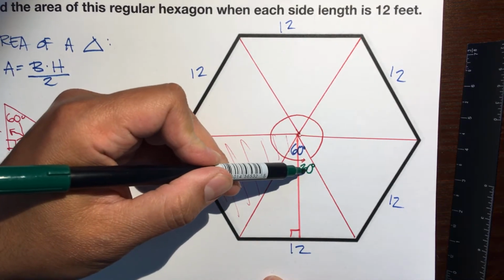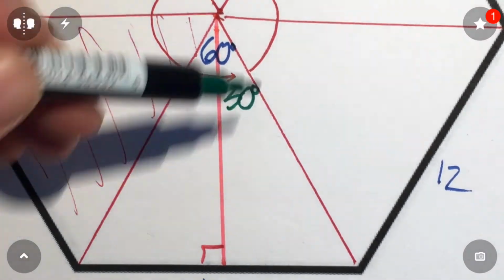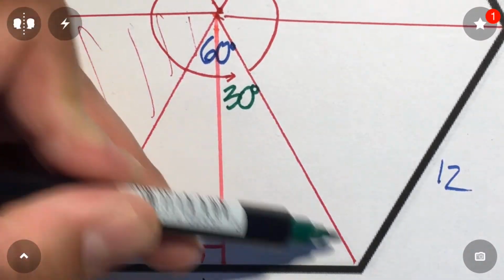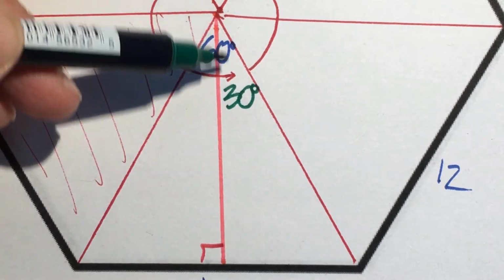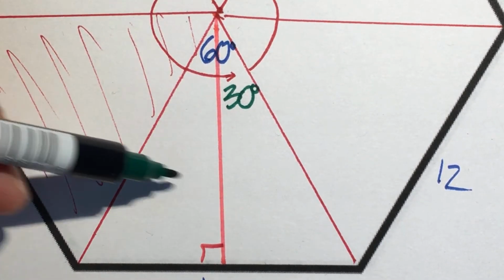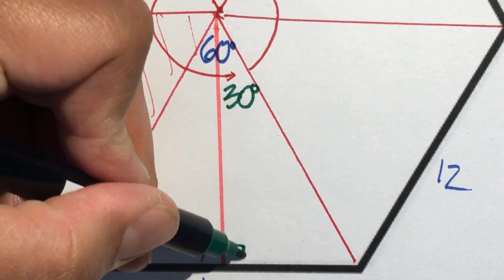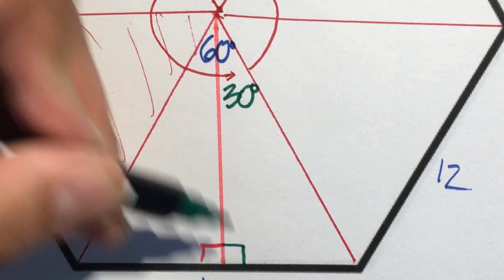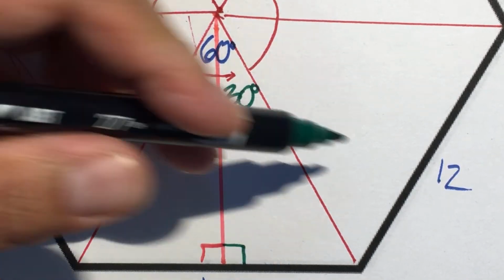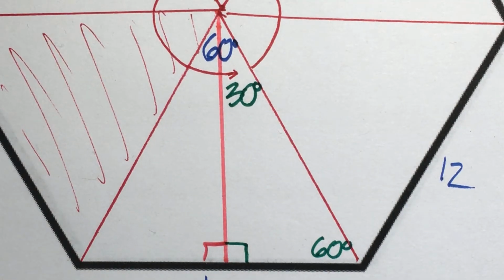Now, if this is 30, we're going to focus on this triangle, which is half of this triangle. If this is 30, then this has to be 90 because that's perpendicular. And if this is 30 and this is 90, this is 60 degrees.